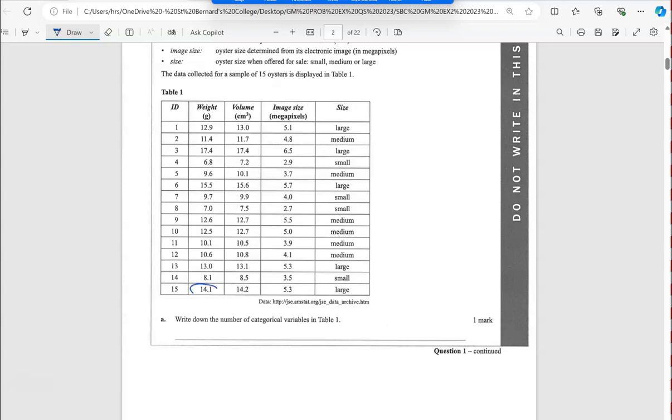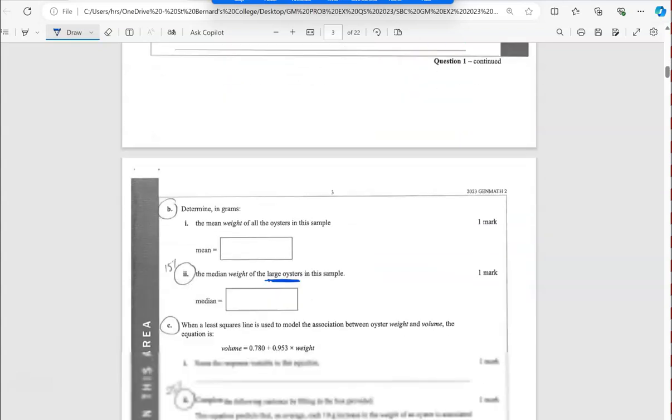So here's the weight of all the large oysters, and you would put them in order, because there's 1, 2, 3, 4, 5. If you put 5, the third highest is going to be the median. So if you just went through that, you can see 3. So the median was 14.1.